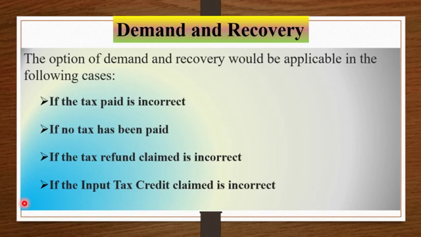Demand would be raised by the officer for the above cases and also when tax is collected but not deposited with the government, or when the assessee paid CGST or SGST when IGST was supposed to be paid. If the demand is not paid by the assessee, recovery proceedings are started by the GST authority.